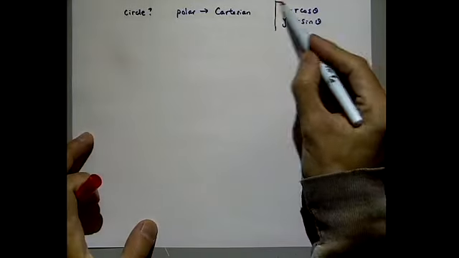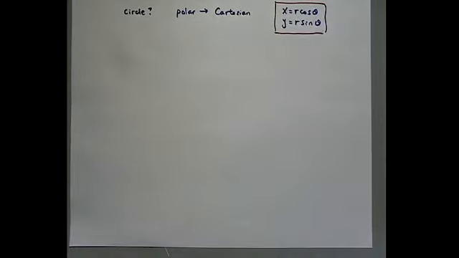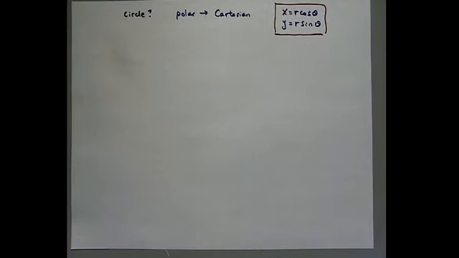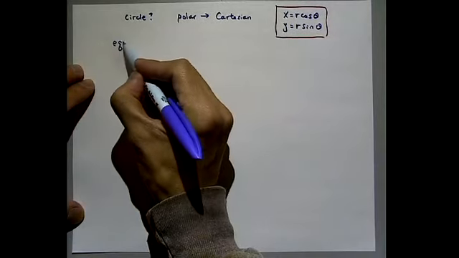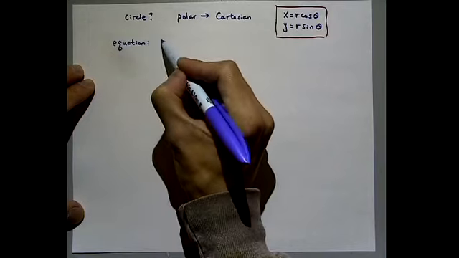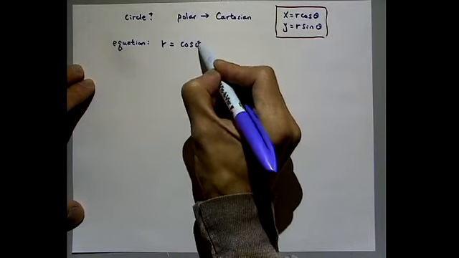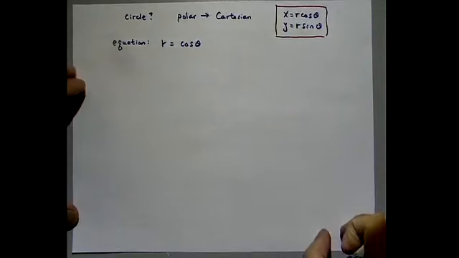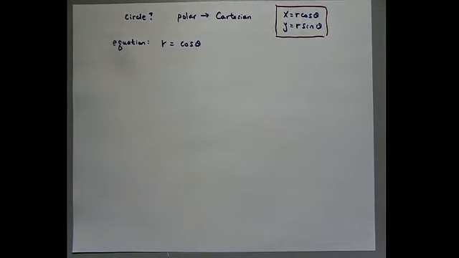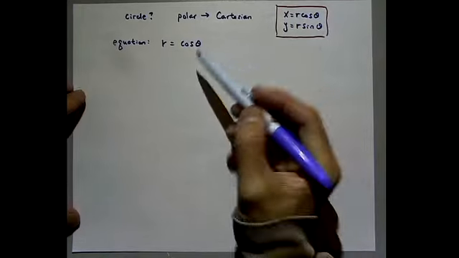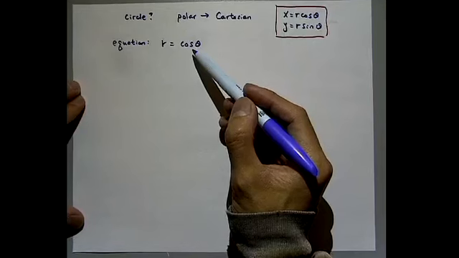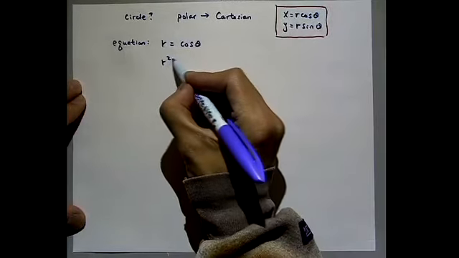And to do this, we're going to make use of these two fundamental identities. This is how we relate polar and Cartesian coordinates. And now you can see my equation I started with is r equal to cosine theta. I need another r on the right side to make r cosine theta. So let me multiply by r on both sides.